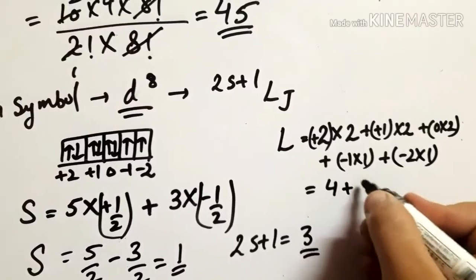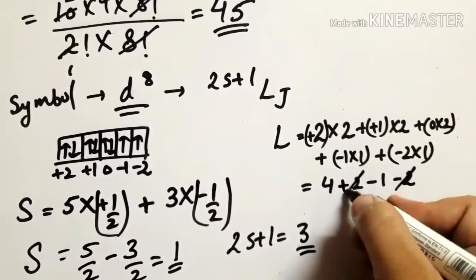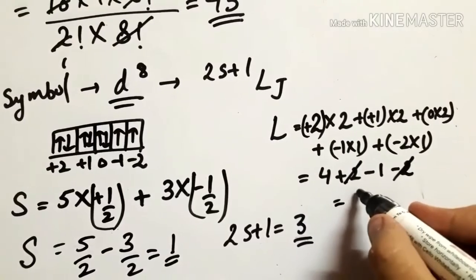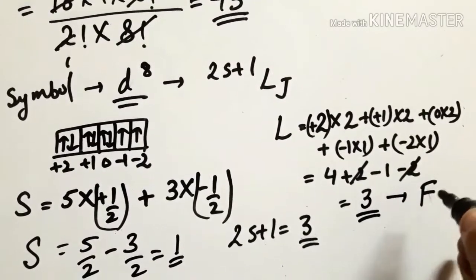This is 4 plus 2 minus 1 and minus 2. Minus 2 and plus 2 are cancelled out and we have 3. The value of L is 3 and it is for F.